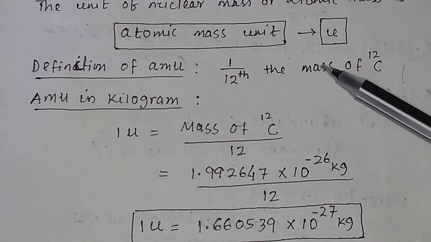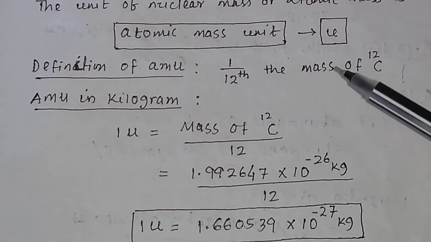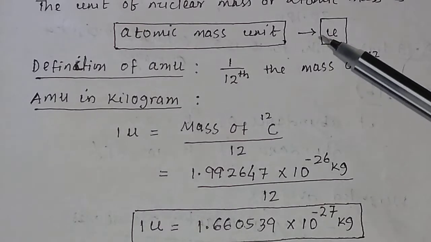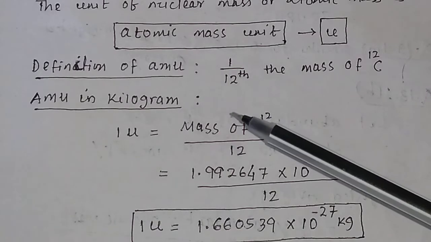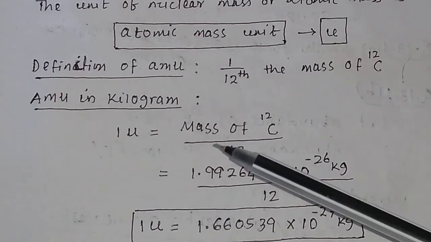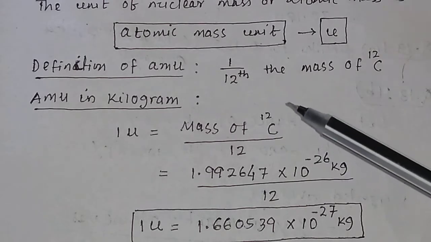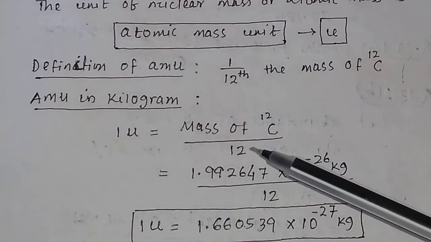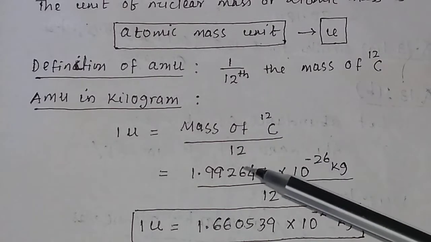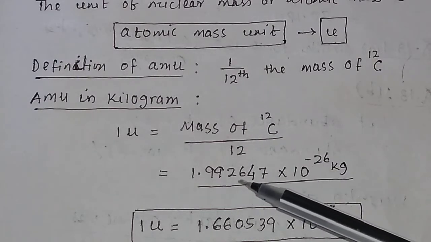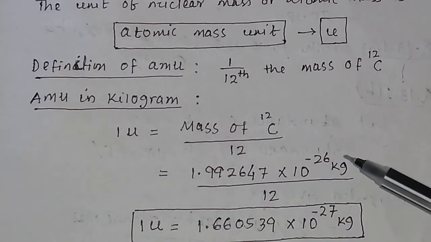We measure mass in SI in terms of kg. So how can you define atomic mass unit in terms of kg? Atomic mass unit is equal to the mass of the carbon-12 isotope divided by 12. What is the mass of the carbon-12 isotope? It is equal to 1.992647 into 10 to the power minus 26 kg.